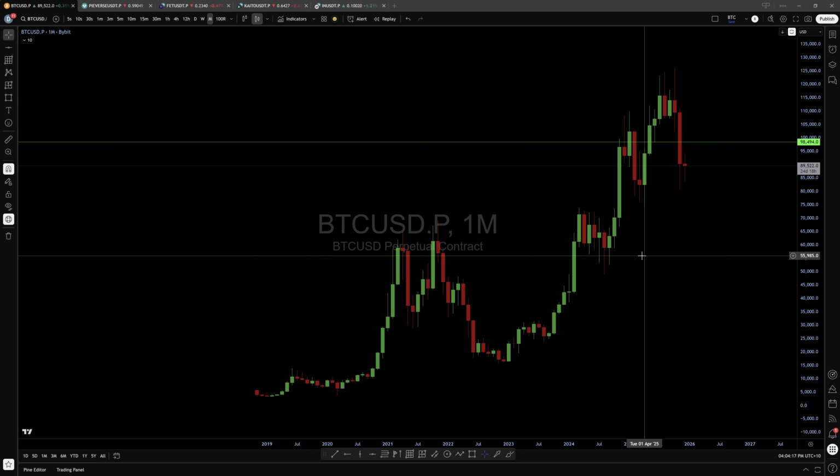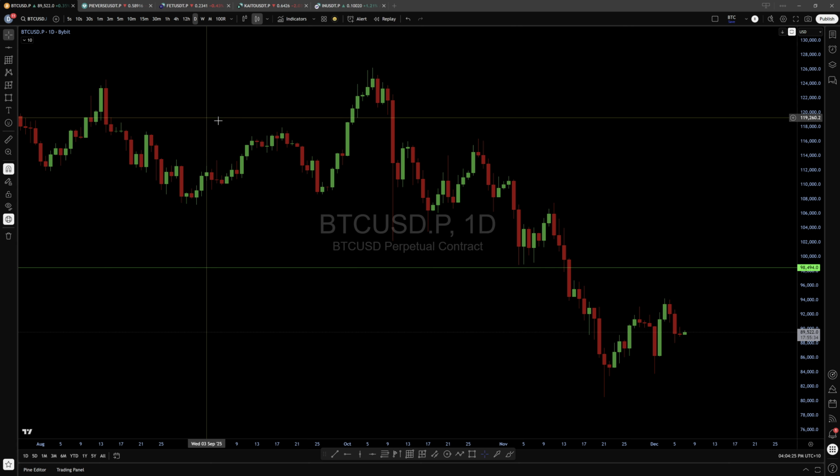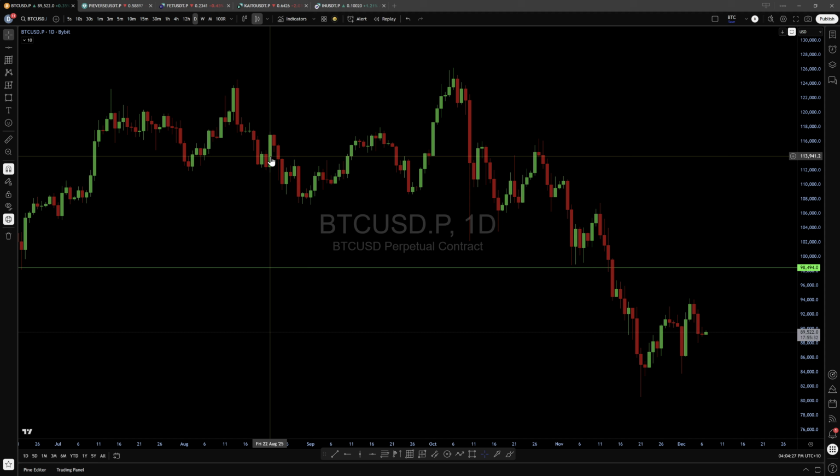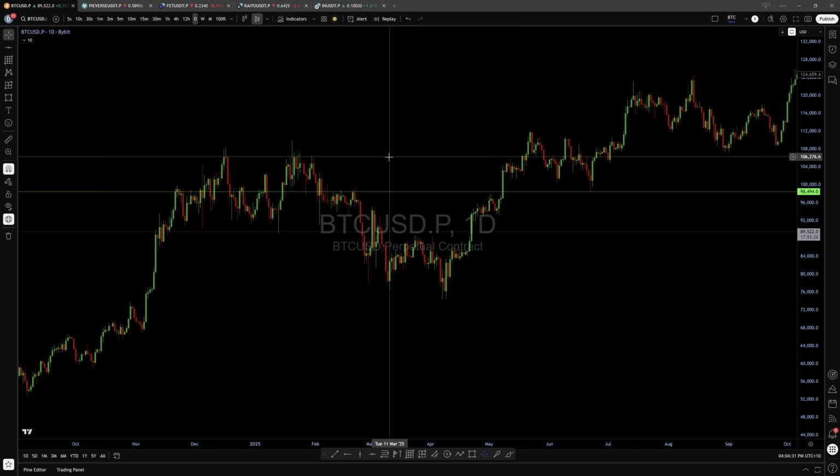And with that being said, one of the very best ways to find key levels is with liquidity, high time frame liquidity, like daily, 4 hour, and above.